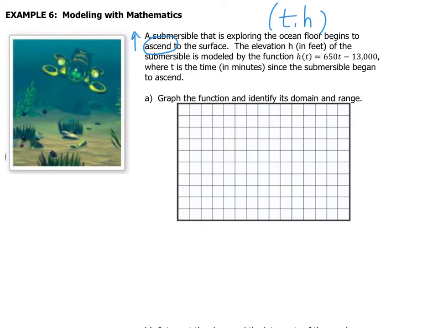Okay, so they're giving us this function at the back here: 650t minus 13,000 to explain this ascension that's coming up from that point. So we want to graph the function and identify what is the domain and range, which we talked about also in a previous lesson.